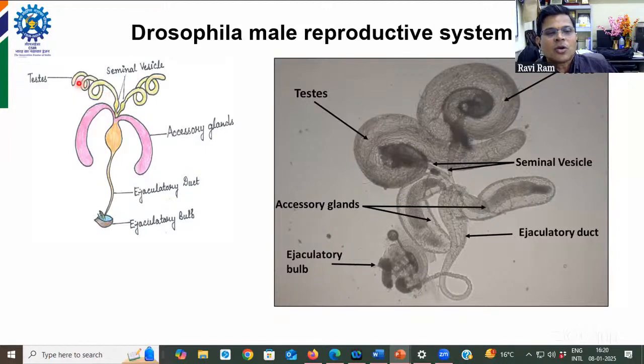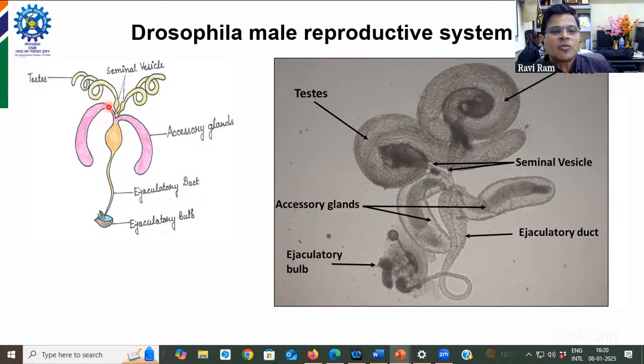Here it's a coiled testis, and this produces sperm. This is labeled as the seminal vesicle, and the seminal vesicle is the place where sperm is stored. And this tubular one, the pink one, is what we call the accessory gland, which produces the majority of the seminal fluid proteins in Drosophila.